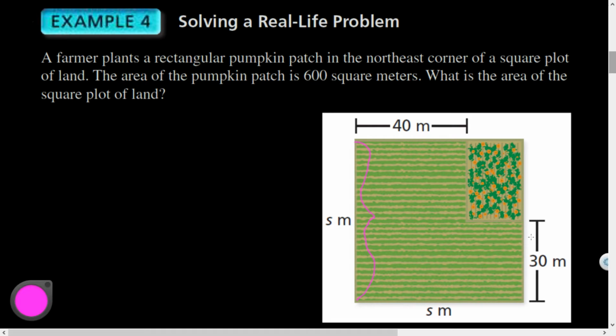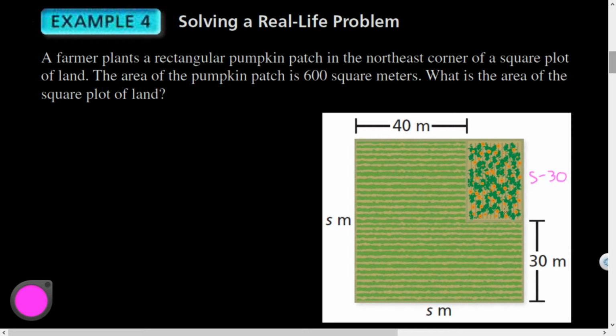It's going to be 30 less than whatever S is. Okay, so if S was 50, then this would have been 20, right? If S was 60, then this would have been 30. If S was 100, then this would have been 70, right? I know that this distance plus 30 is equal to S, so therefore this is going to be S minus 30.